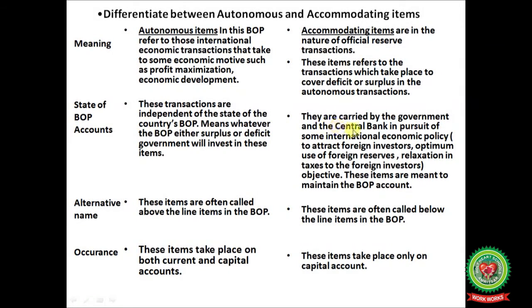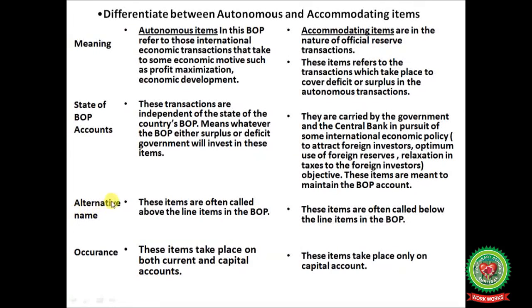Accommodating items are carried out by the government and the central bank in pursuit of some international economic policy to attract foreign investors. Optimum use of foreign reserves and relaxation in taxes to the foreign investors are the objectives. So these items are meant to maintain the balance of payment account.